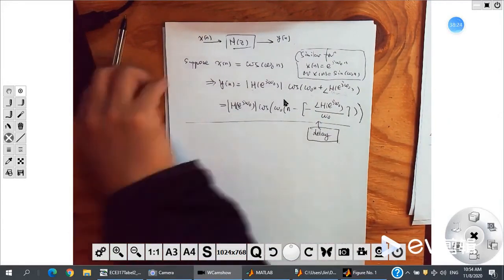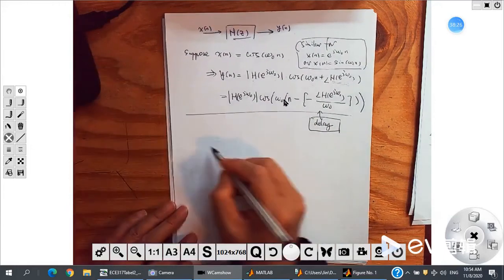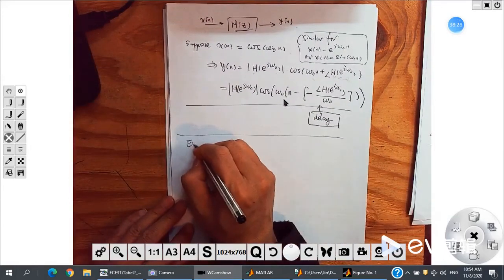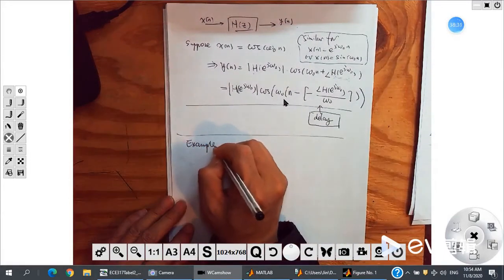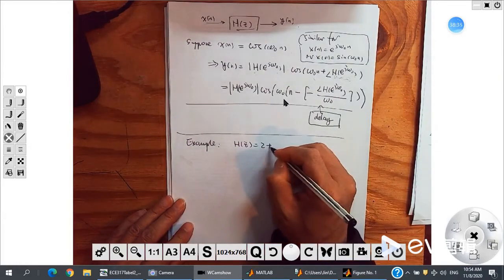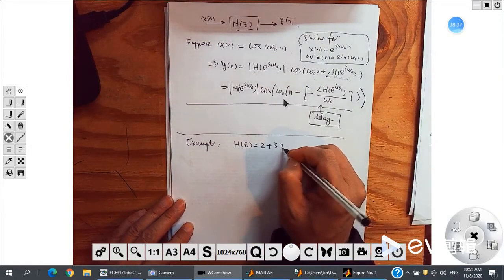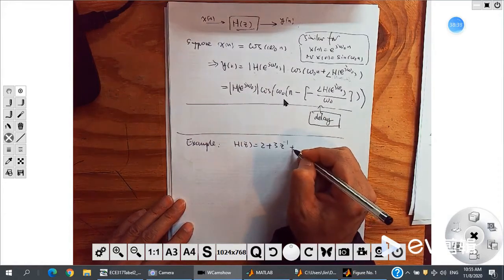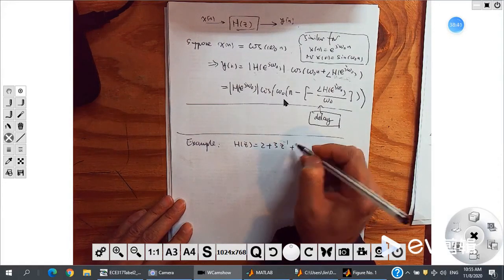We still use the previous example: H(z) equals 2 plus 3 z^-1 plus 2 z^-2, using the coefficients 2, 3, 2.